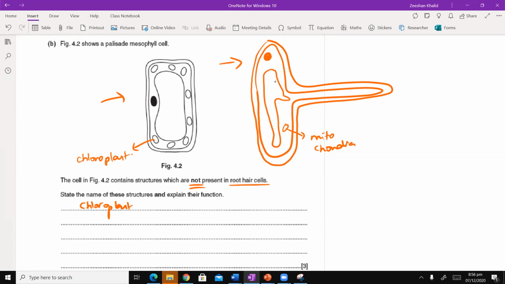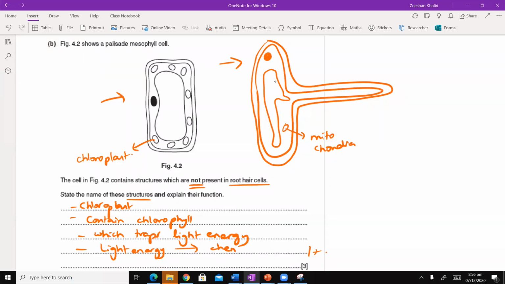Okay, so the name is chloroplast. When you write the name, you get the first mark because that's what it says. So that's 1 mark you're getting, and then explain their function. Well, their function is they contain chlorophyll, which traps light energy, converts light energy into which energy?